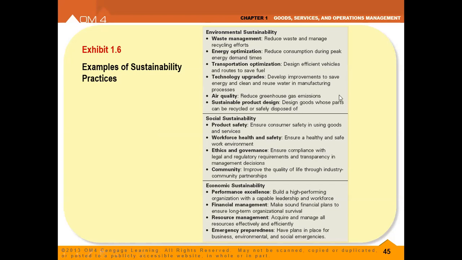Okay, so we have social sustainability: product safety, workforce health and safety, ethics, governance, and community. We'll get back to community. And then we have economic sustainability: performance excellence, financial management, resource management, emergency preparedness. So we want to make sure that even economically, we are sustainable.